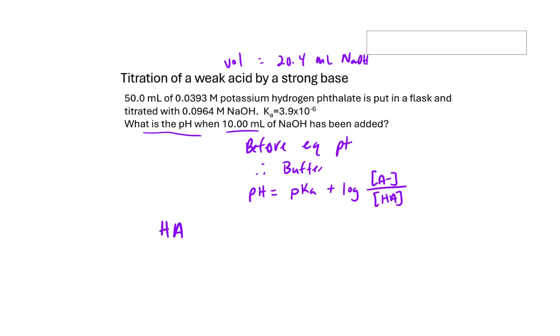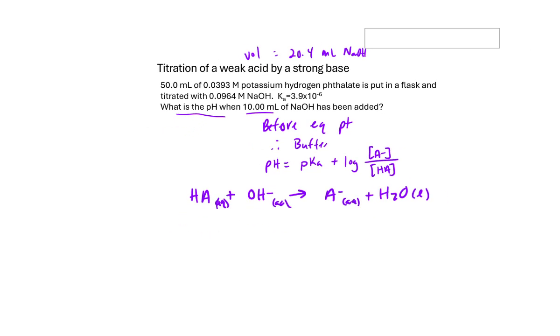So we know that during the titration, the reaction being performed is our weak acid plus strong base, OH minus, completely reacting to form A minus and H2O. So we can set up a reaction table using moles, to figure out how many moles of HA and A minus are in solution after 10 milliliters of sodium hydroxide have been added.